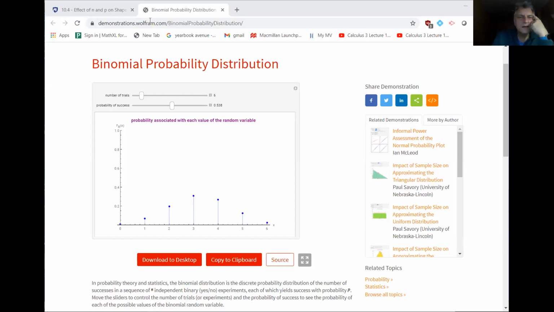This is on Wolfram Alpha. Wolfram is something you're probably going to be using in college, because you can do lots of math and do cheats with calculus and stuff by using Wolfram Alpha. Anyway, let's look at this first one where p was 0.1.